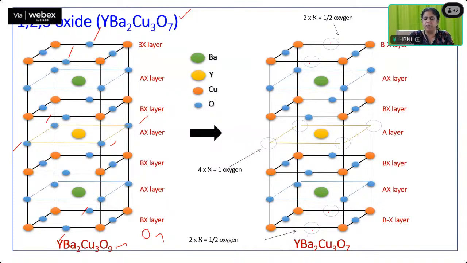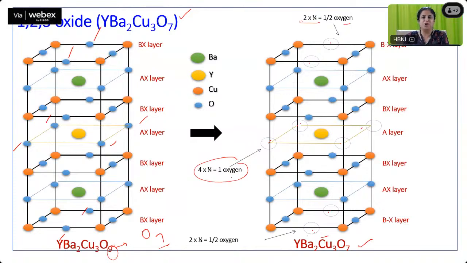They are contributing half, 2 into 1 by 4, half, and 2 into 1 by 4, half, and these are also the edge center. 4 into 1 by 4, 1. So 1 half, 1.5, 1.5 plus 0.5, 2. So from 9, you subtract 2. And when you remove these oxygen from YBa2Cu3O9, it becomes YBa2Cu3O7.